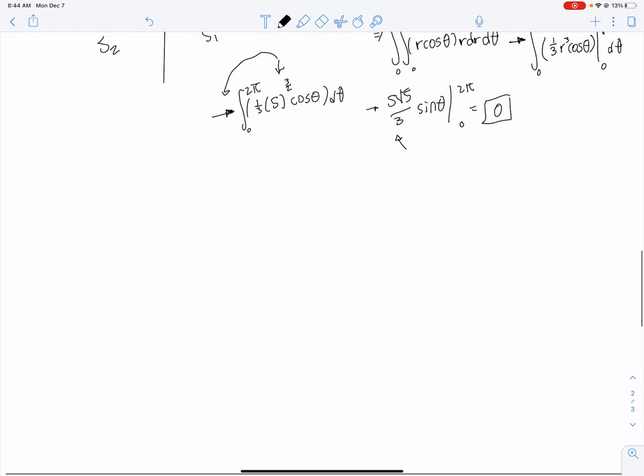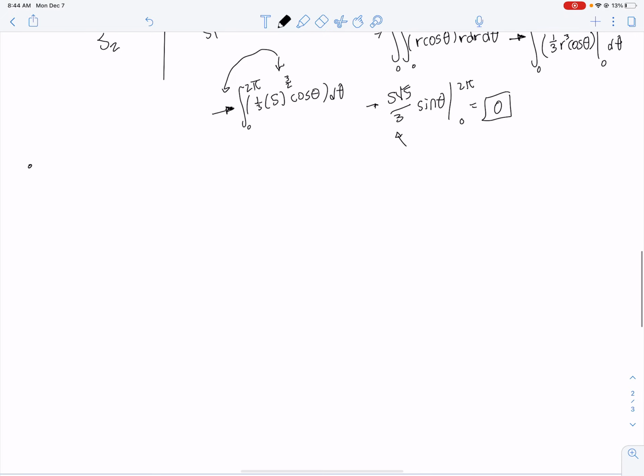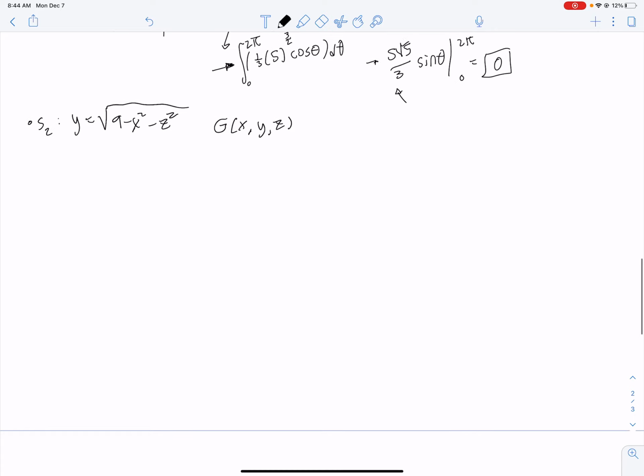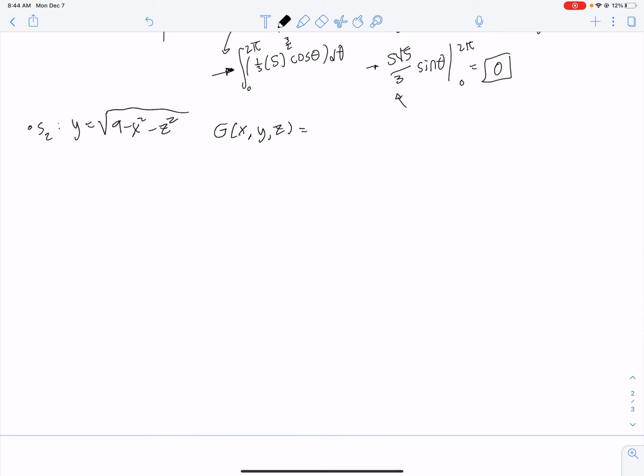Now we have our second surface, surface 2, which is y equals the square root of 9 minus x squared minus z squared. Now we can find our g function, which is setting everything onto one side, x, y, and z. Now we'd have y minus the square root of 9 minus x squared minus z squared.